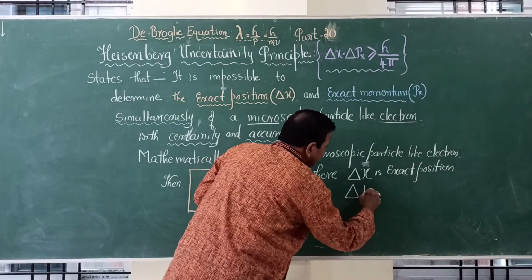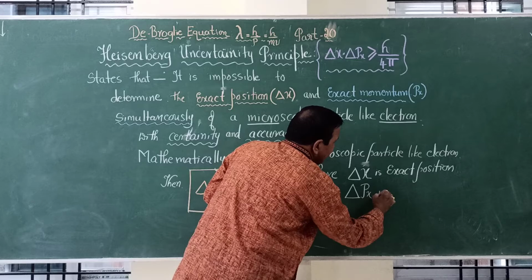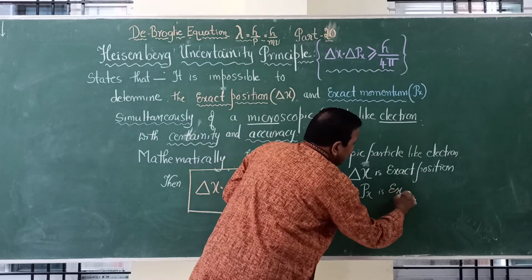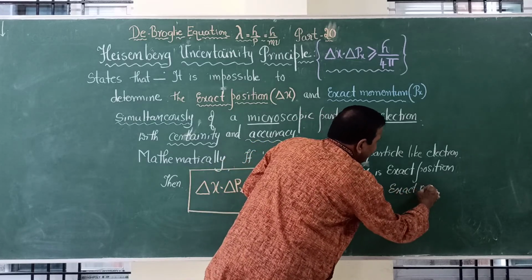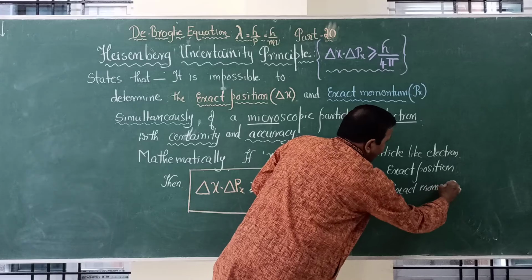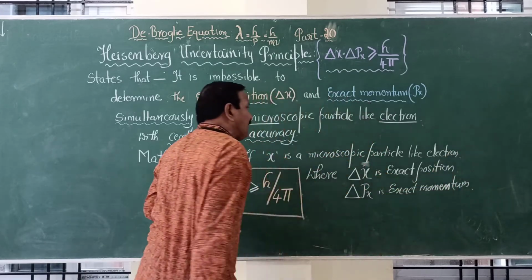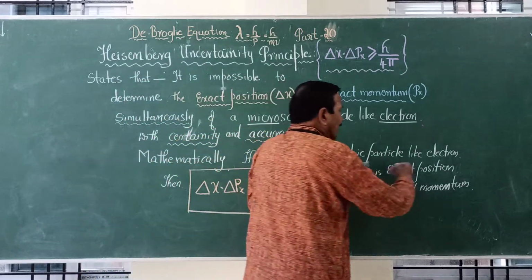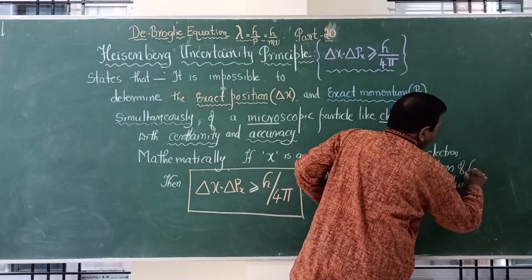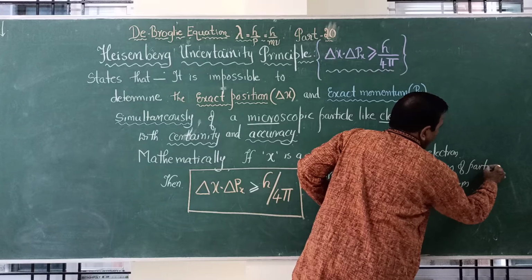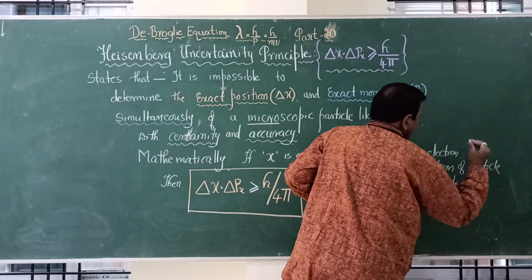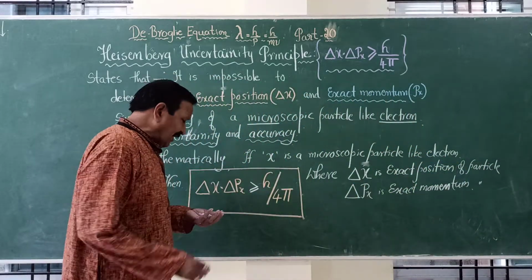Delta px is the exact momentum, mass into velocity, is the exact momentum of the particle. If you want, the exact position of the particle and the exact momentum of the particle.